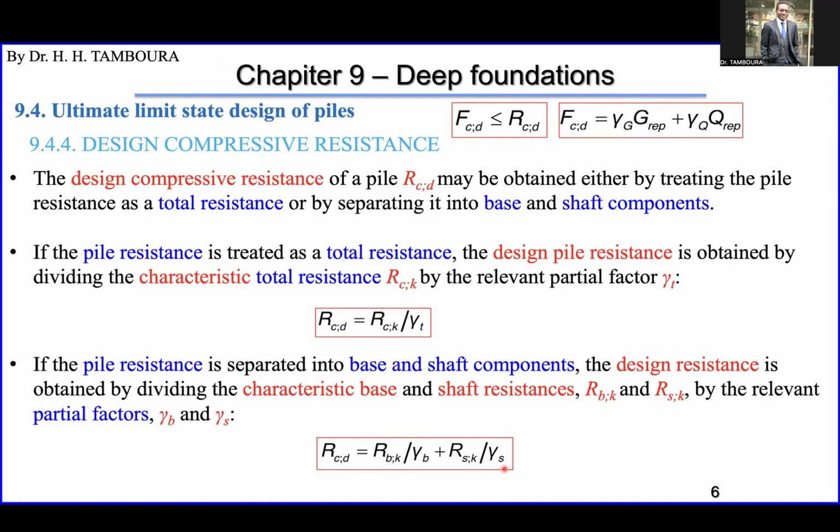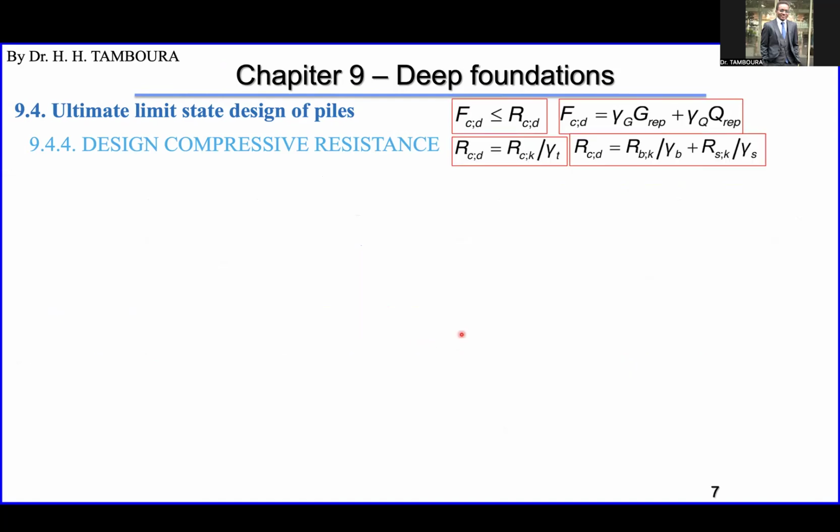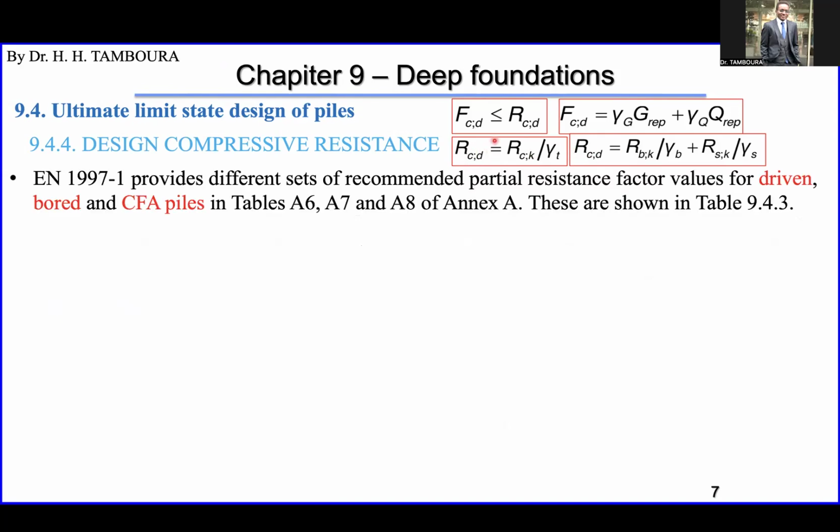So how can you consider the piling effect in Eurocode? Now let's see what the values of these partial factors can be. I will put here the equations for the two ways to obtain the design resistance. There is a table in Eurocode that gives us the values of the partial factors for different piling methods: driven pile, bored pile, and CFA pile, continuous flight auger pile.